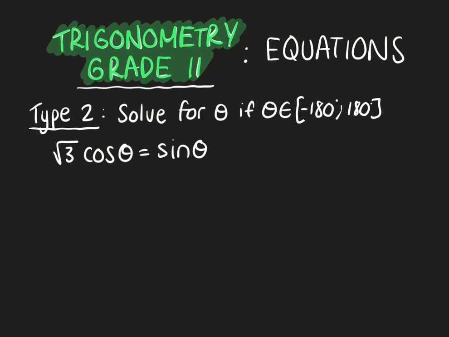So the first thing you look at is if you have sine and cos on either side of the equals, and their angles are the same, we're going to be using something called the tan method. So when do I know to use the tan method?